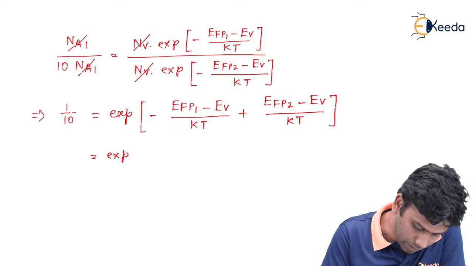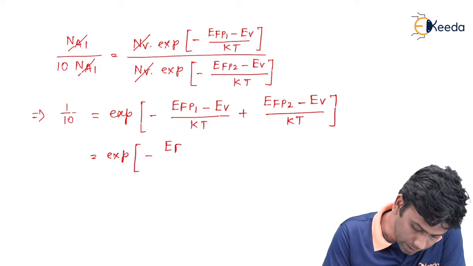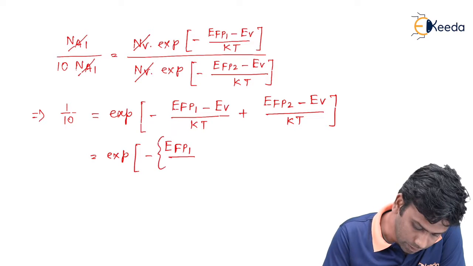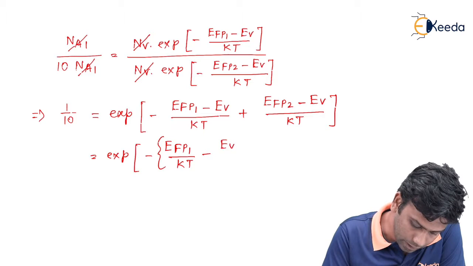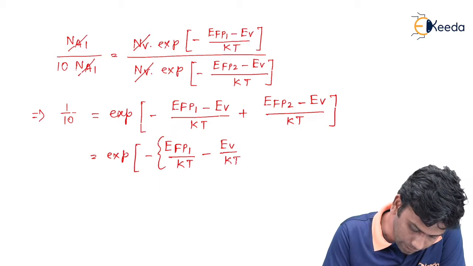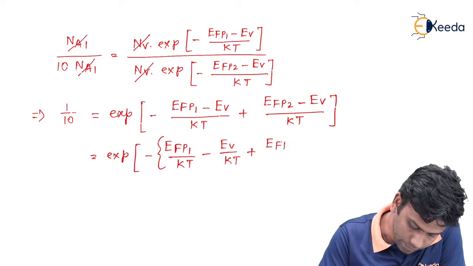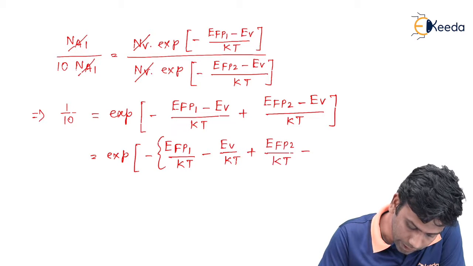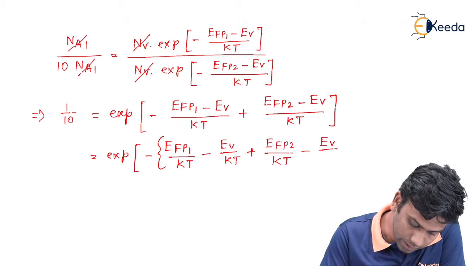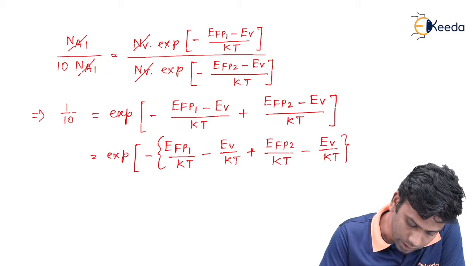By simplification, we can see it as minus EFP1 divided by kT minus Ev divided by kT plus EFP2 divided by kT minus Ev divided by kT.